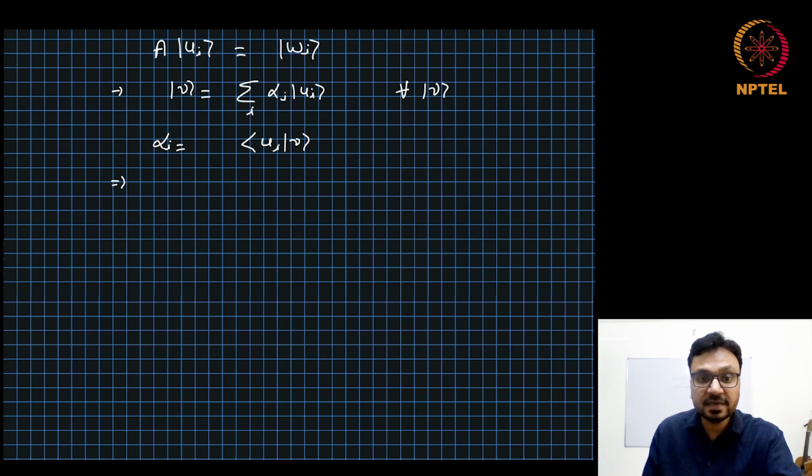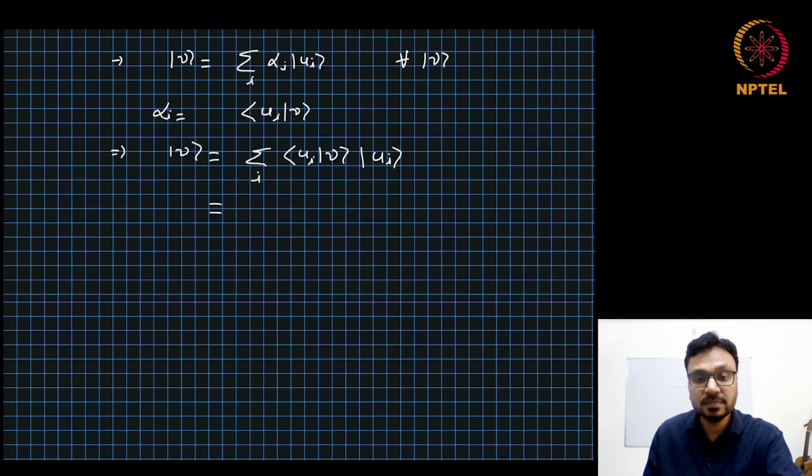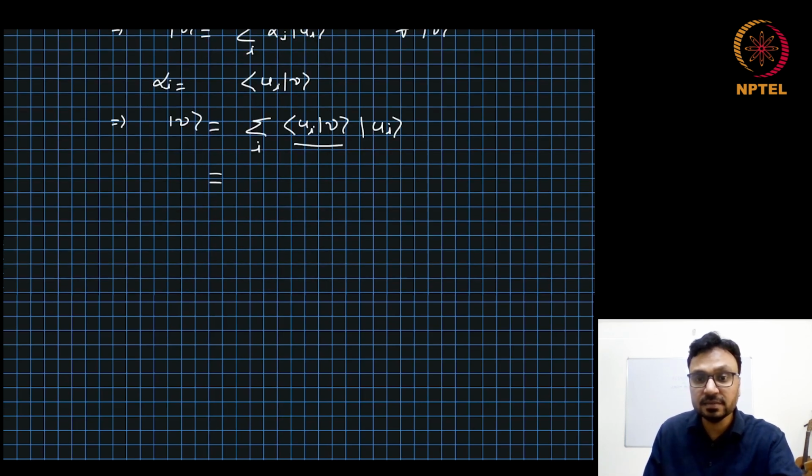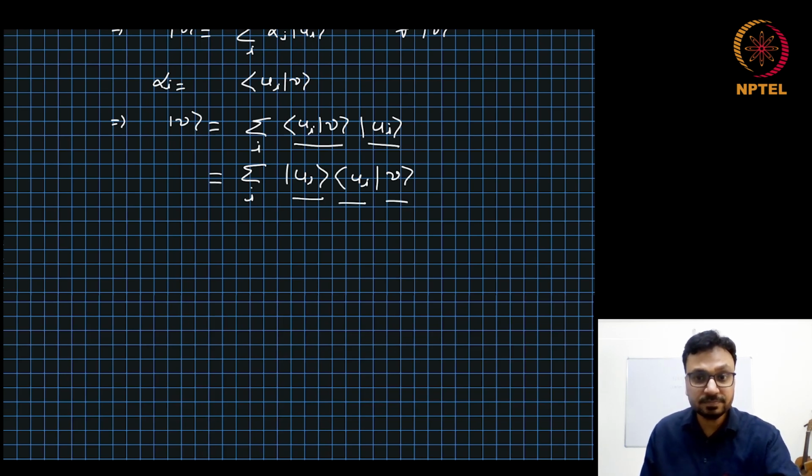So this implies that we can write V as the sum over i of ui, inner product of ui with V. We can reshuffle since this is a scalar and this is a vector. They commute in a manner of speaking. So ui and V. Now we have a product of three vectors.